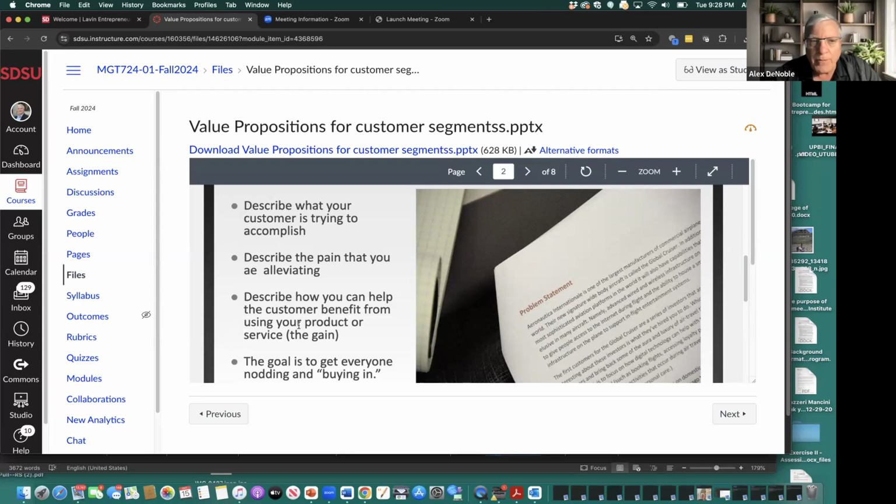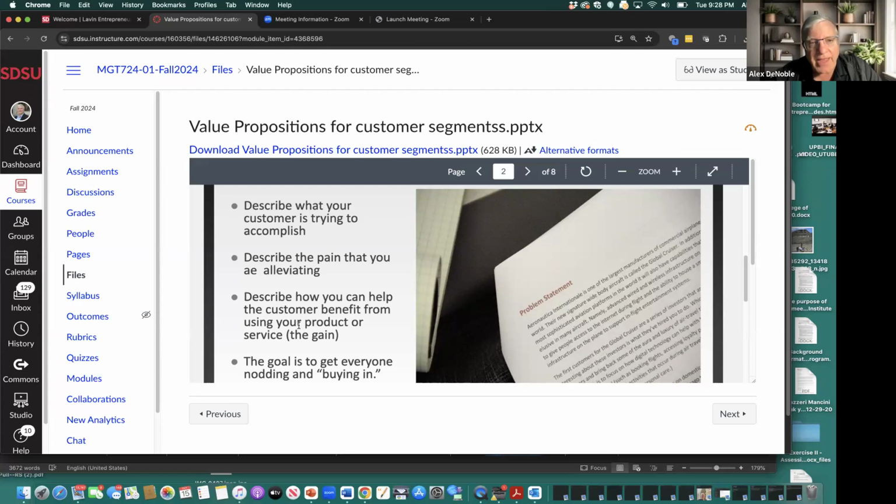Now, that's different from a B2B customer, a business customer. They're trying to solve some kind of business problem that they're having. But understand first, what is it they're trying to do?